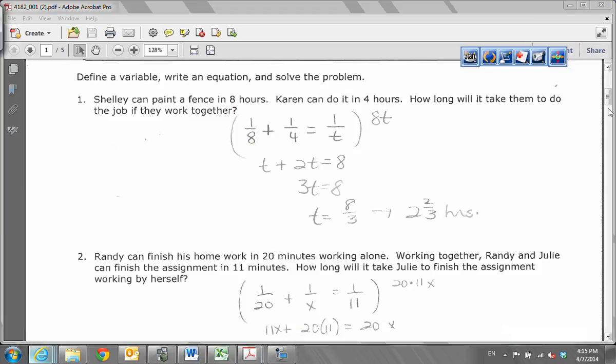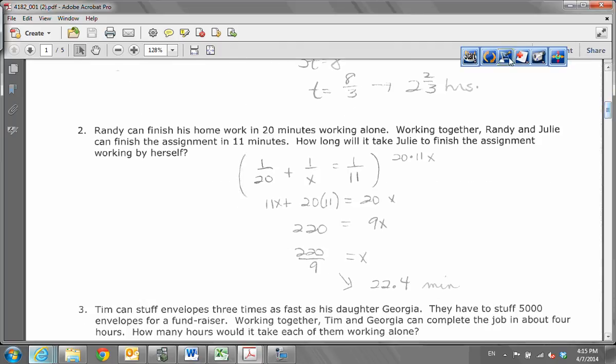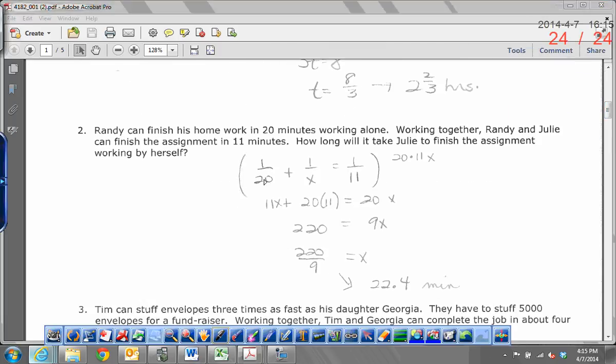Number 2 is kind of the same thing. We've got one homework assignment in 20 minutes. We don't know how long it would take for her to do it herself, but we do know that if they did it together, it'd only take 11 minutes. So we multiply everything by 20, 11, and x, because there's nothing we can multiply by like we did in the previous problem with 8. We do all that and we get 11x.